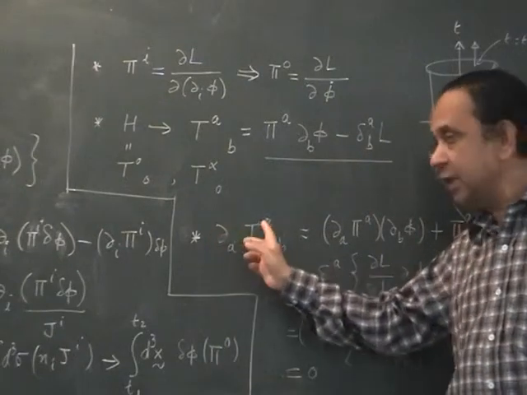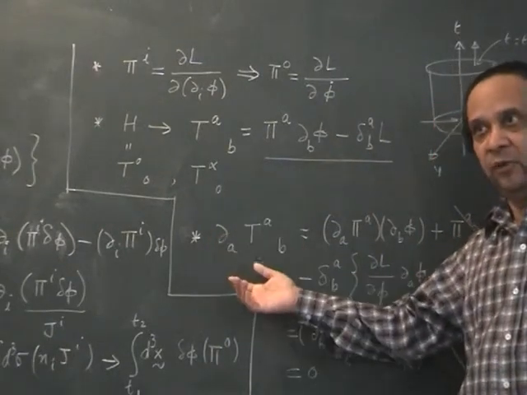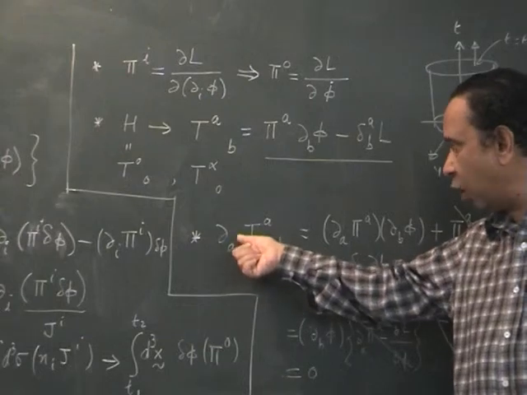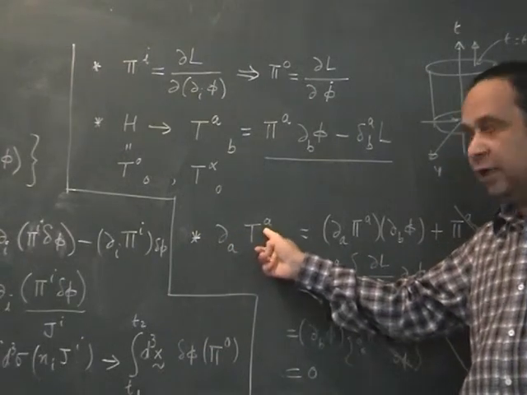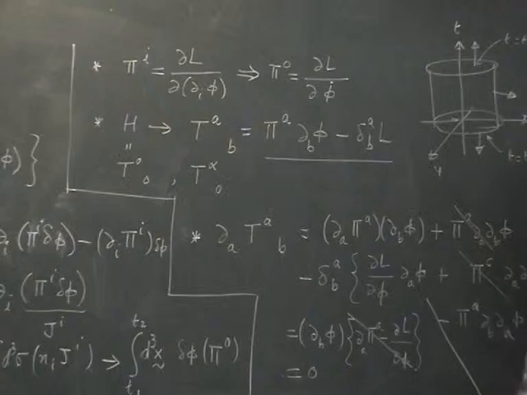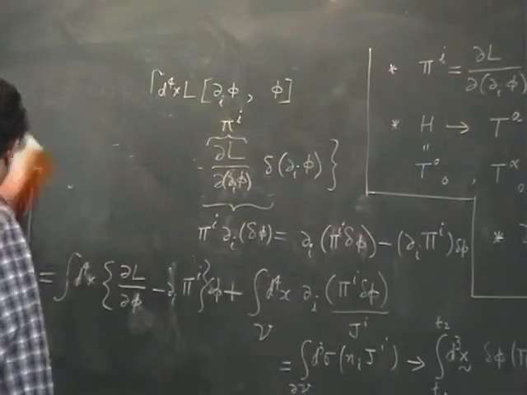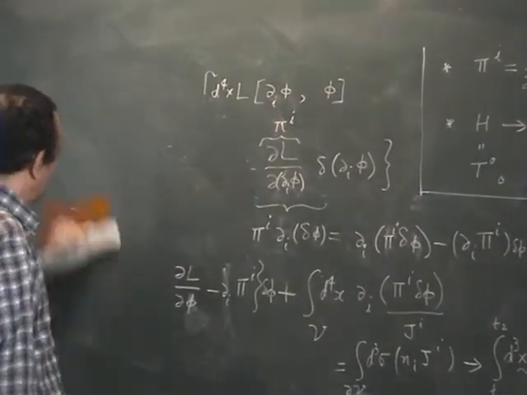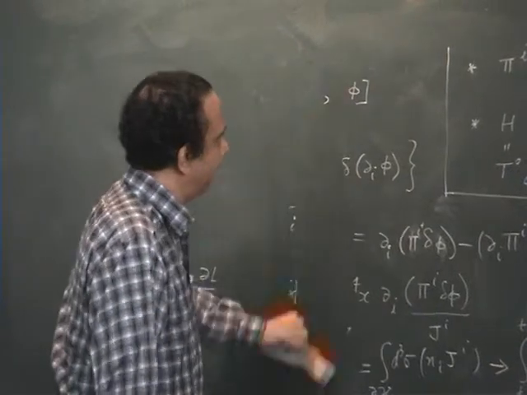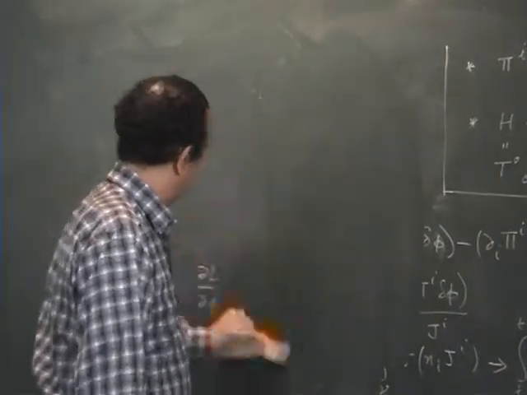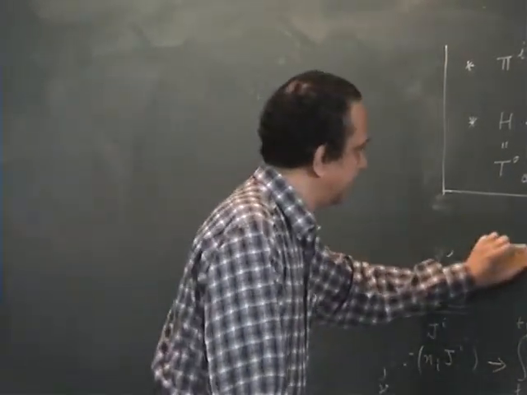So you have a ∂_A of this quantity integrated over a volume. That will give you a normal dotted with it. So you will end up getting a quantity. I don't have space here, I will write these. Let me use this part.